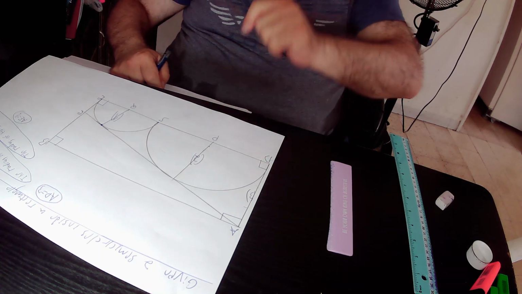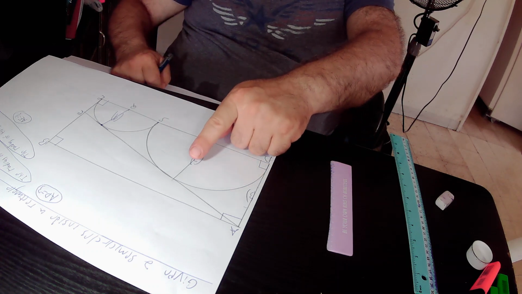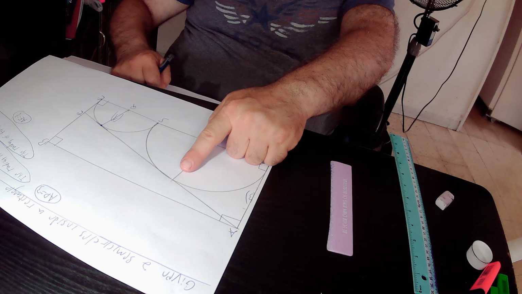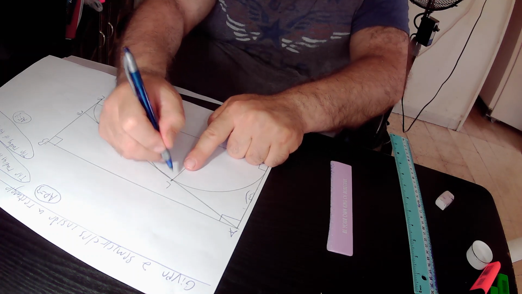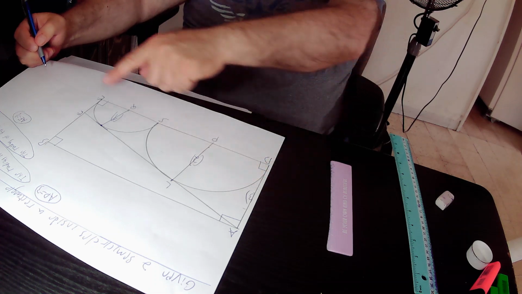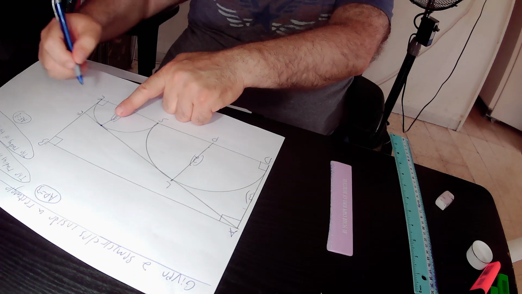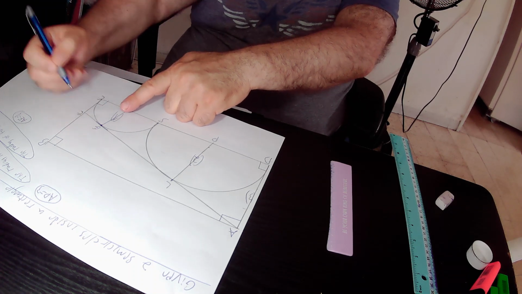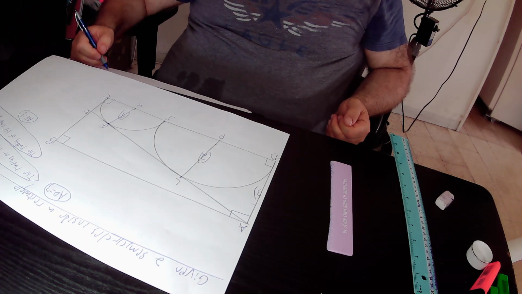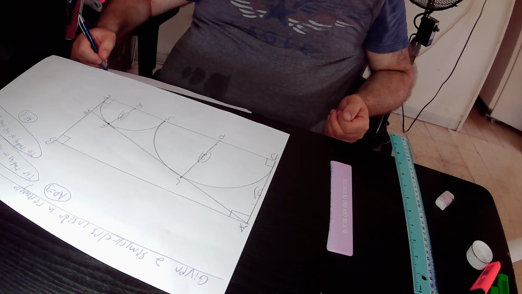We will define the point of tangency of tangent AE with this big semicircle. This point is point L. We will define the point of tangency of tangent AE with this small semicircle. This point is point G. In the next step, we will do a construction.